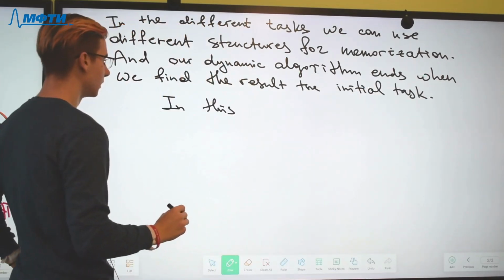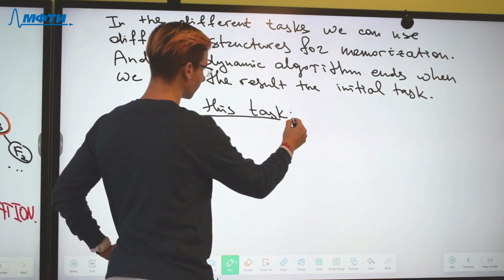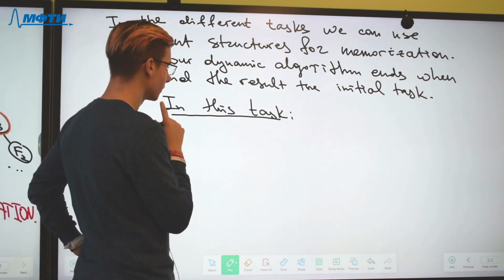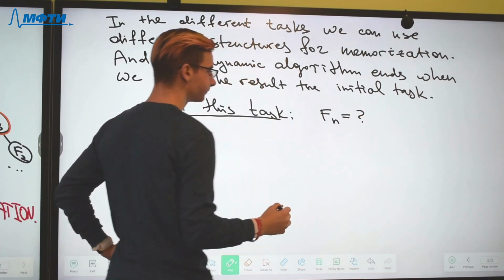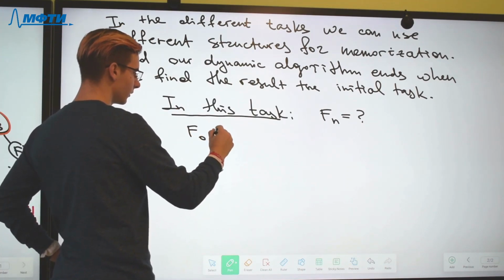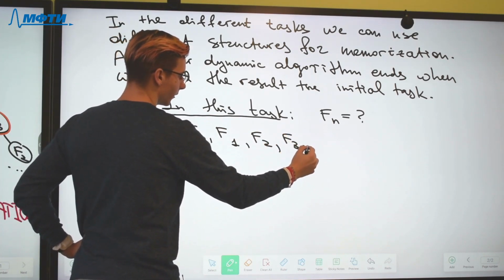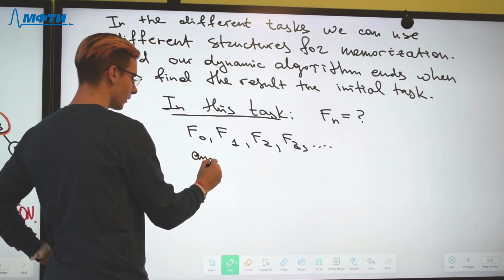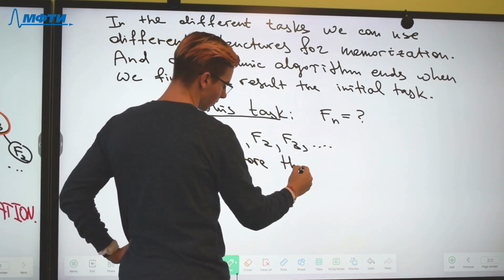Okay. In this task, the task of Fibonacci numbers, we can say that if we need to find Fn, we can find F0, F1, F2, F3, etc. and store these numbers.